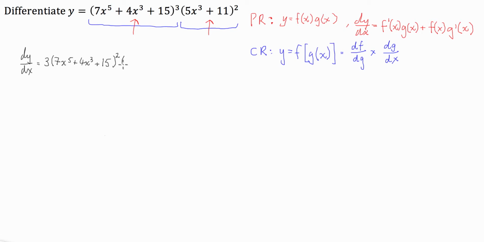So this has to be multiplied by the derivative of g of x, which is 7 times 5 is 35, x to the power of 4, 3 4s are 12, x to the power of 2. Cool. So that's our first part, and then we have to leave the end bit constant, so we don't change that last part.